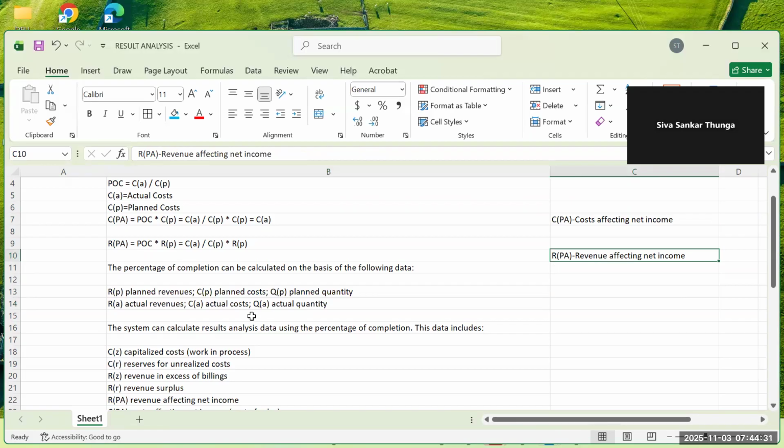If revenue, actual revenue by planned revenue.